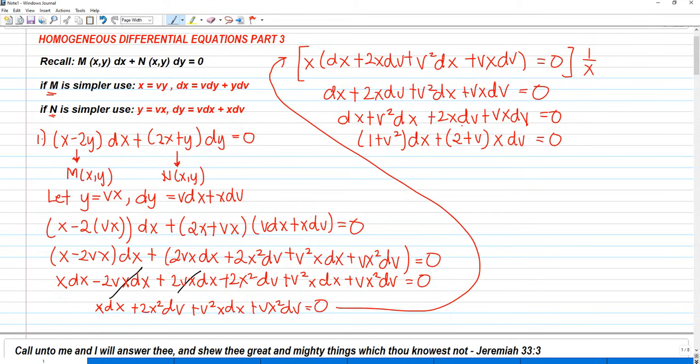Now this is reduced to a variable separable equation, wherein we can separate dx on this side and all the terms containing v on this side. So we divide the whole equation by 1 plus v squared, for this to be cancelled, and of course over x.